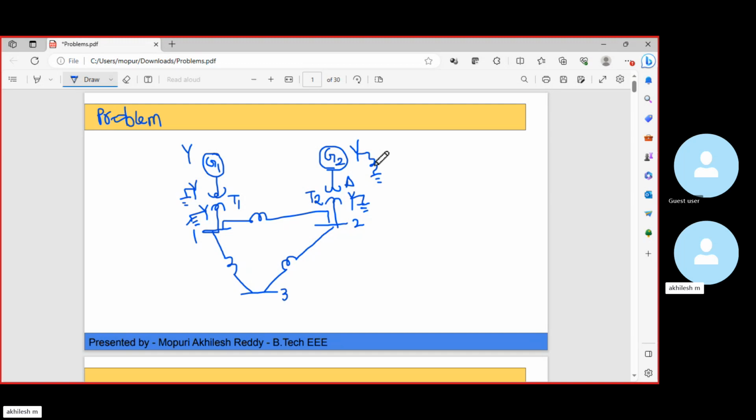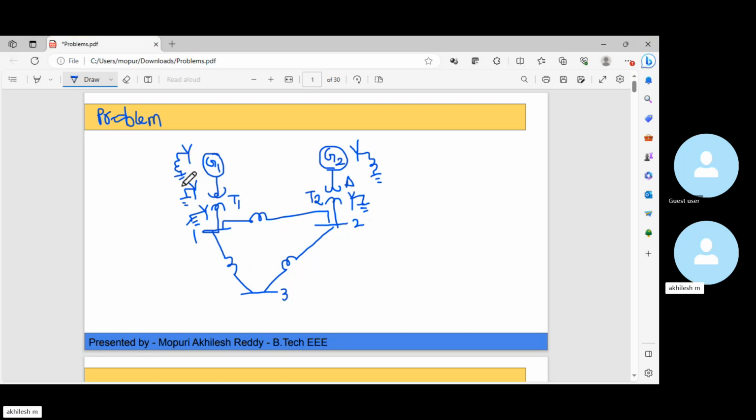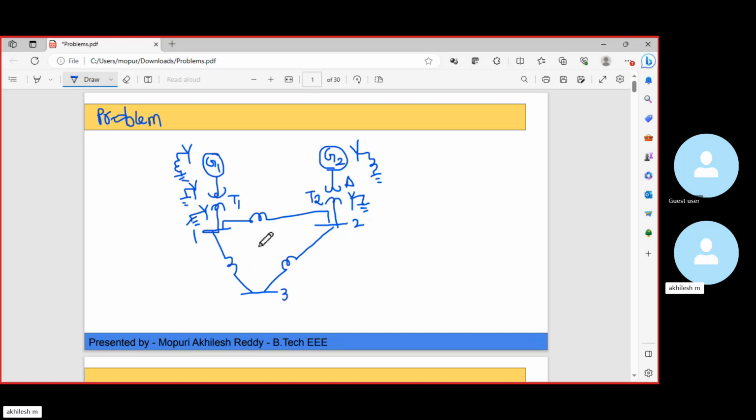This is nothing but the grounding resistance. These are the connections of the generator and the transformers.